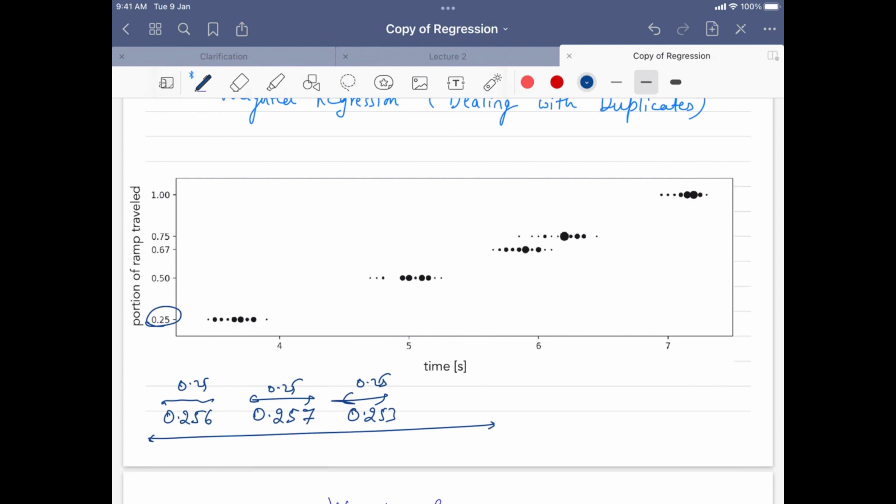The important thing to note here is that when we do practical examples, some values become duplicate. Even if we have 3 different samples, if you truncate them, the values become the same. So it's a duplicacy that is coming in. We now have 3 samples having the same value, which is 0.25.